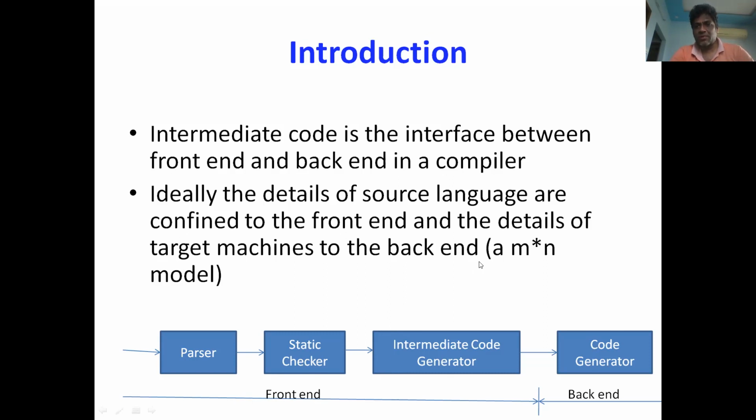One is machine independent code optimization, which we apply on these intermediate codes. And then after generating the machine codes, we can also perform code optimization techniques in the back end of the compiler. So that is the benefit that we are going to get with this intermediate code generation phase.